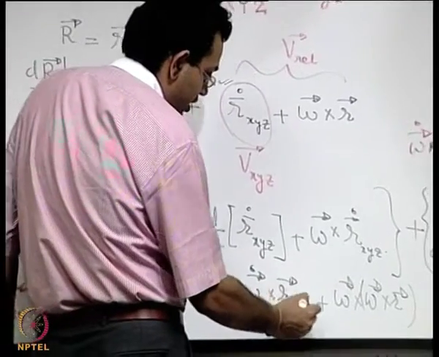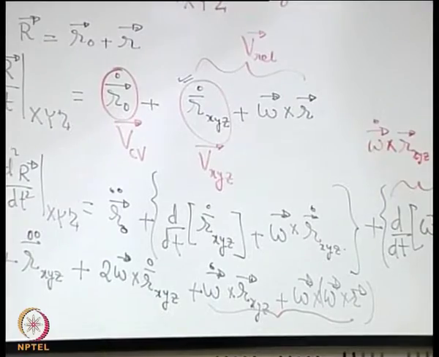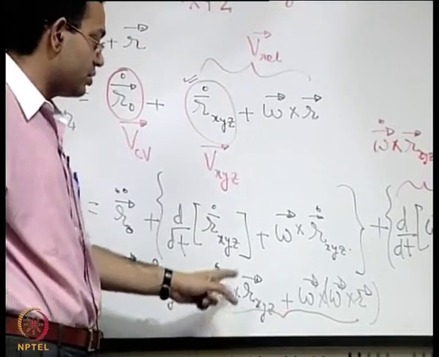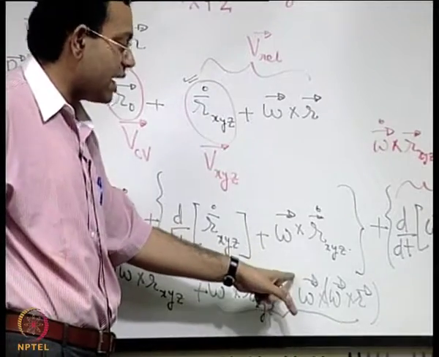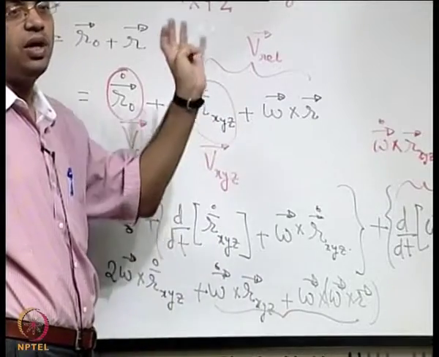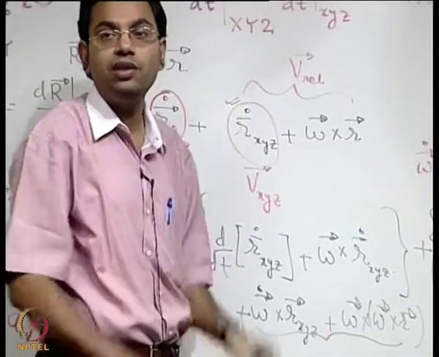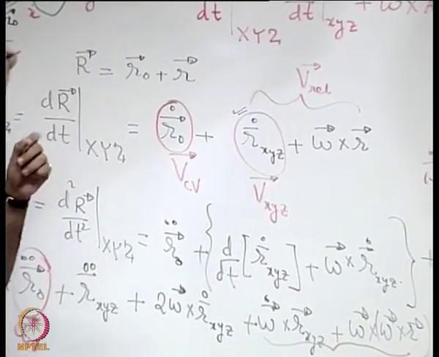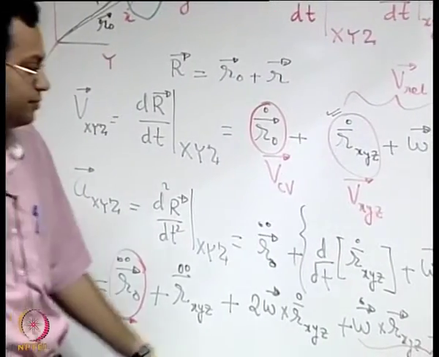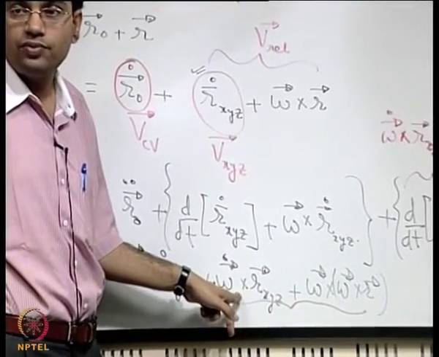And then if you consider these two terms, these are angular acceleration sort of effects. This is not directly angular acceleration, but because of the time rate of change of even a fixed vector because of the angular motion within the element. If you have even a fixed vector, because of the rotation, that vector is getting changed with respect to time, and this is directly because of the angular acceleration of the reference frame.